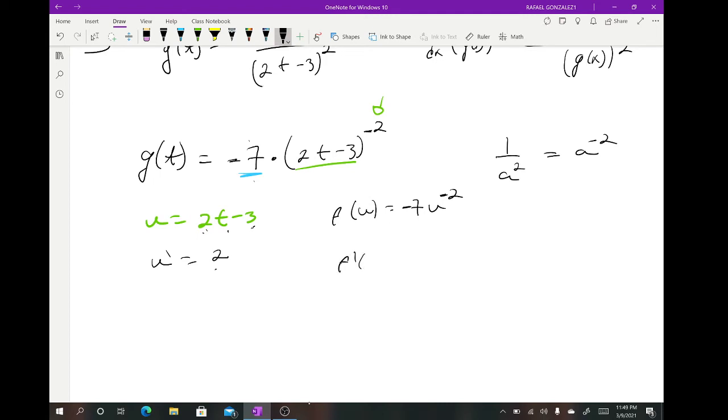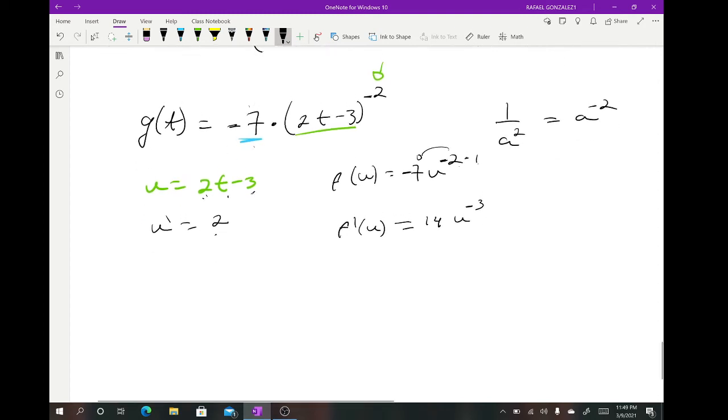The derivative of f of u is equal to minus 7 times minus 2, which is plus 14 u, and then if you subtract 1 from the exponent, you're adding 2 and 1, so that's minus 3.